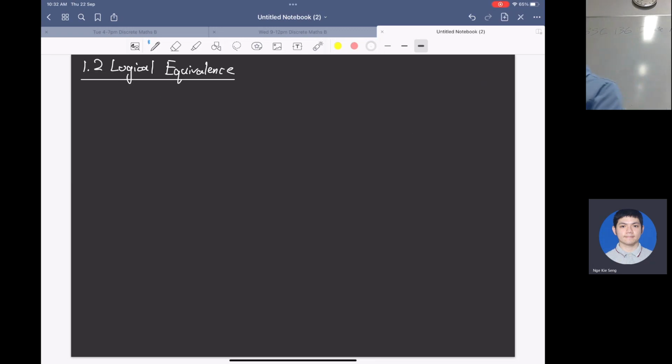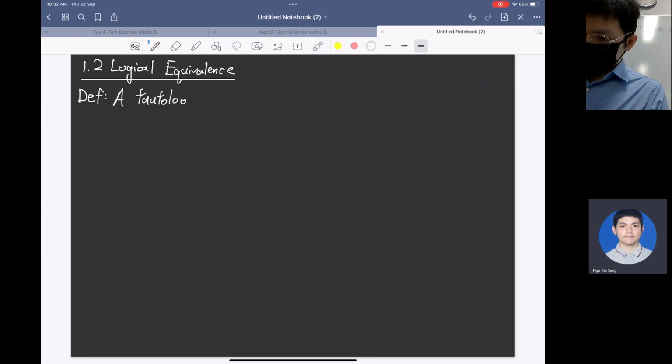In mathematics, we are always interested in finding a pattern between objects and then trying to see when two things are equivalent. So, definition. A tautology is a compound proposition.